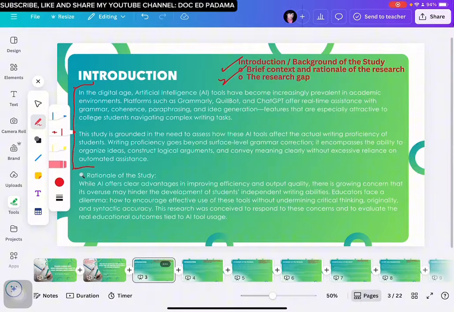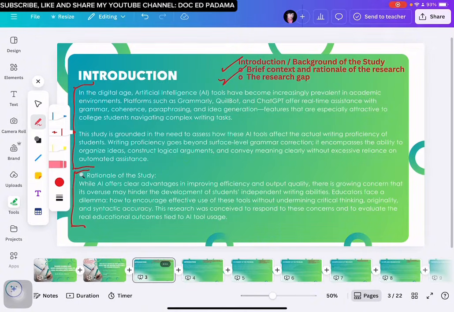The second part, as you can see, is the rationale of the study. The rationale of the study refers to the reason why you conducted the study. You present an argument that motivated you to conduct the study. So basically, that is the idea behind the rationale of the study in a nutshell.